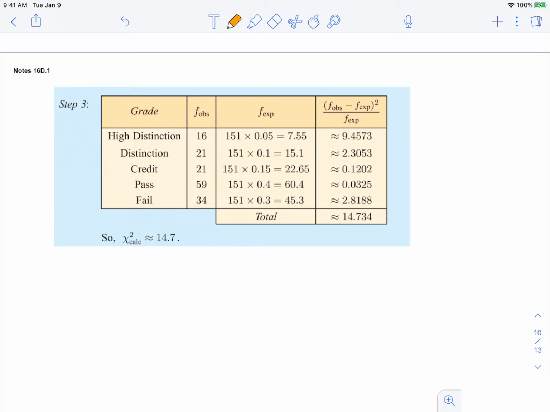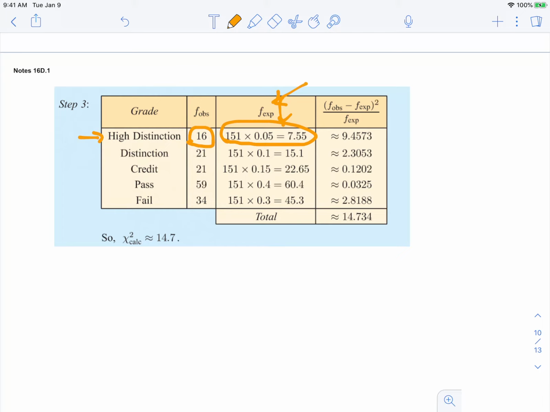Step 3, we're going to go ahead and create our chart. So here is that first grade of high distinction. There were 16 students that got a high distinction. So you want to multiply the number of students in the expected, 151 students, and we said there was 5%. So what's expected in that category is that 7.55 students should have received a high distinction.